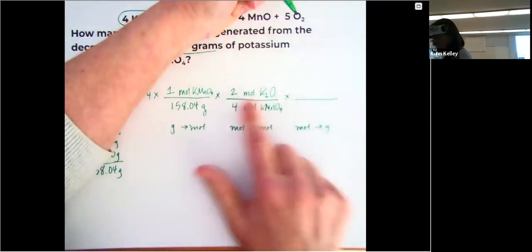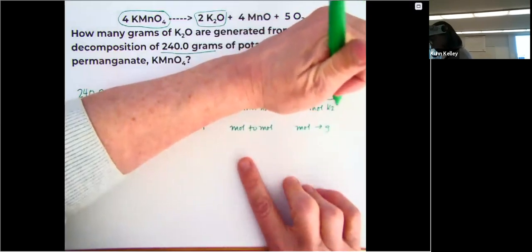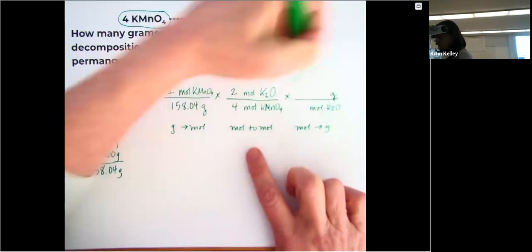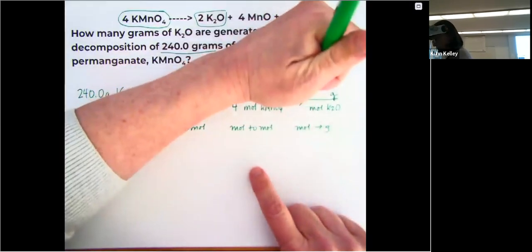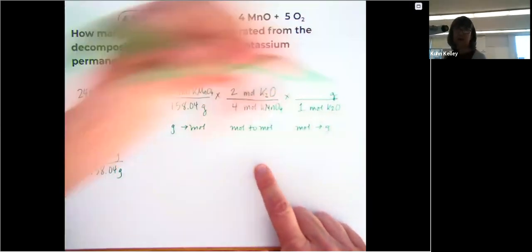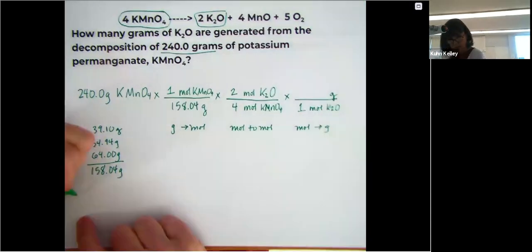For our new substance, we'll have moles of that new substance on bottom and grams on top. Once again, in the mole to gram conversion step, the number that always goes with moles is 1. And where do I get the number for grams? Well, I'm going to have to add that up using the periodic table. So let me come down here.